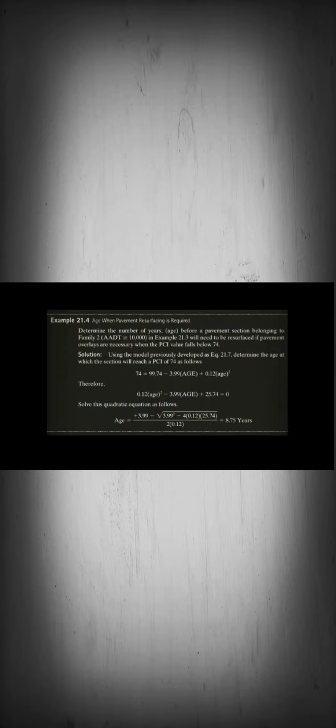Determine the number of years or age before a pavement section belonging to family 2, AADT greater than or equal to 10,000, will need to be resurfaced if pavement overlays are necessary when the PCI value falls below 74. Solution: using the model previously developed, determine the age at which the section will reach a PCI of 74 as follows.